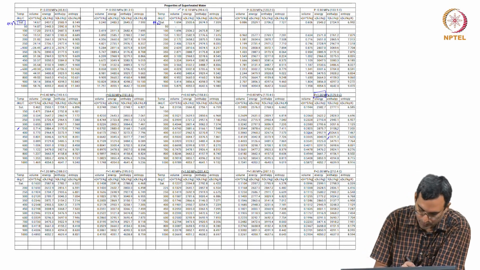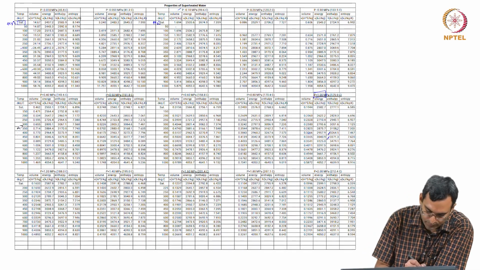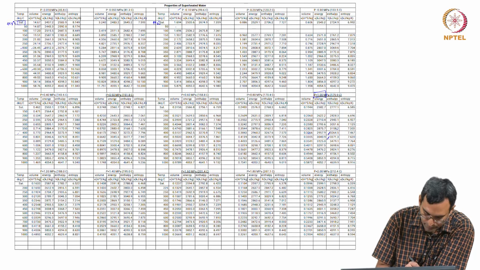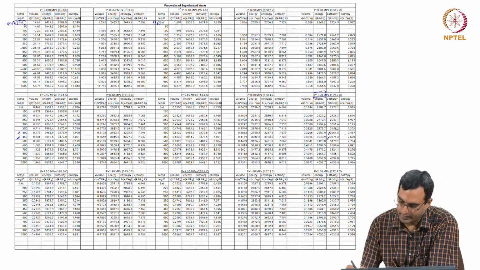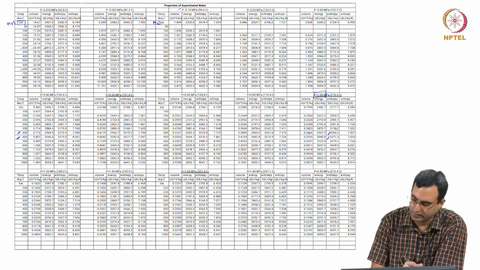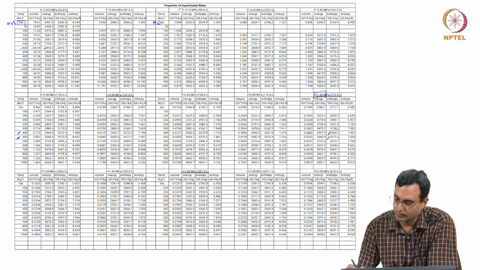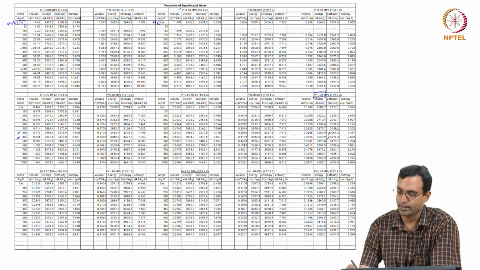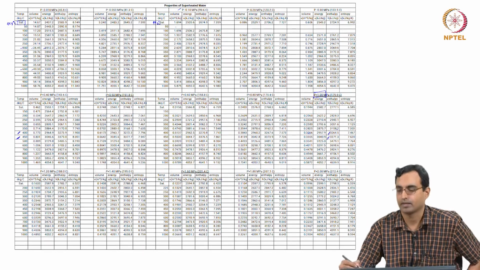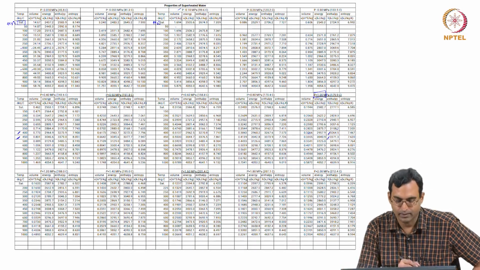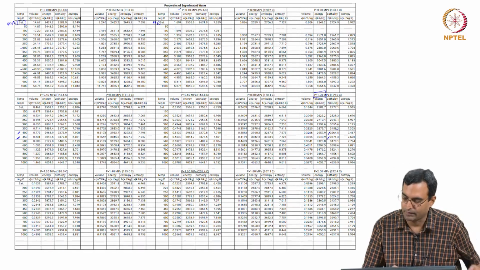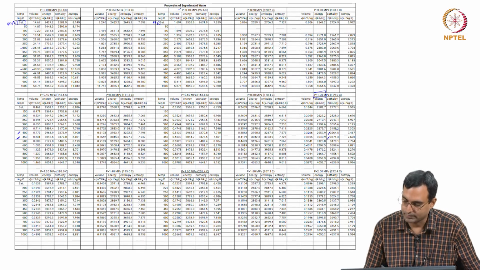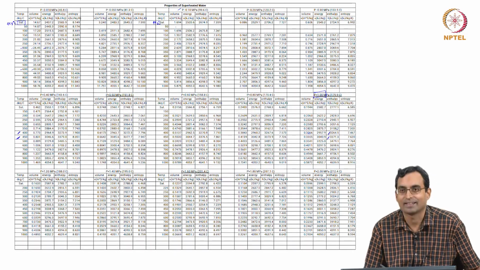So, what I am interested in are the values at 400 and 450. I can interpolate and find out what would be the temperature, because I have 3331 which I want, and I have 3264 and 3371. I can find out where it lies between these and correspondingly interpolate the temperature for a more accurate value. I could do that or I can just leave it as an exercise for you to do.